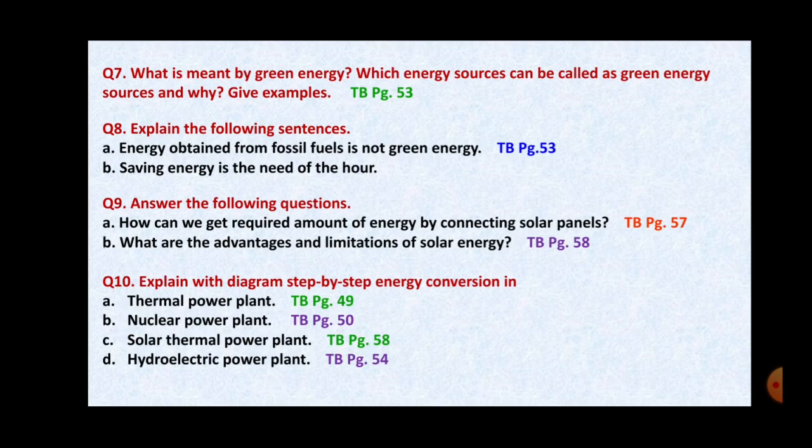So potential energy in water is converted into kinetic energy in flowing water, which runs the turbine, and the turbine in turn generates the electrical energy. So these are the step-by-step energy conversions in all these different power plants which you have to explain. First you will draw the ray diagram and then you will explain in your own words. Okay.